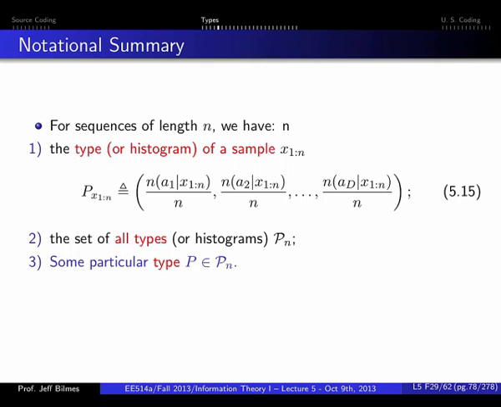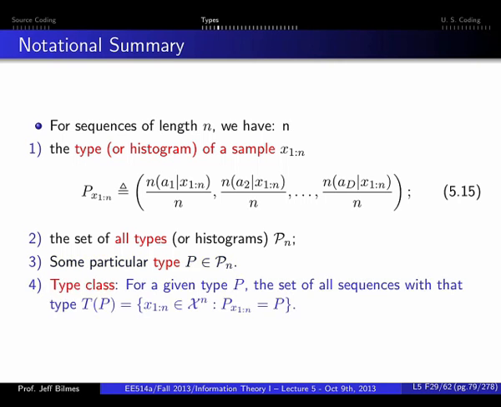You can talk about a particular type in the set of all types. So P is a type that lives within here. And you can also talk about the type class. So for any given type P, T of P is equal to this. Now, in the previous slide, if we restricted P to be within script P of n, so suppose we took this and this together, if we took a particular type from all types for sequences of length n, could T of P ever be empty?